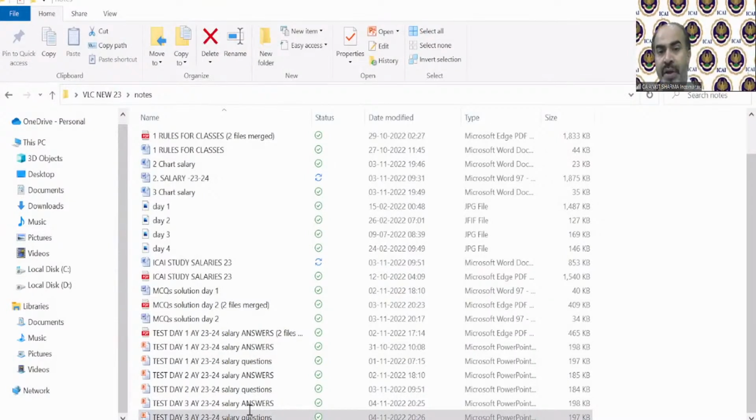Okay. So today, first MCQ: Rakesh received 25,000 rupees per month as basic salary from ABC Limited.